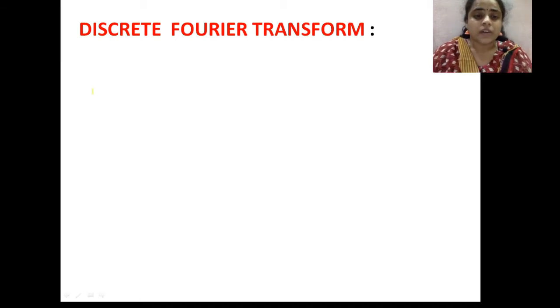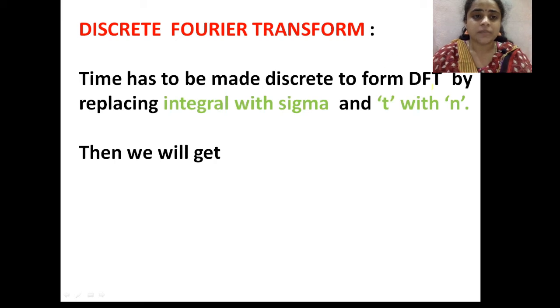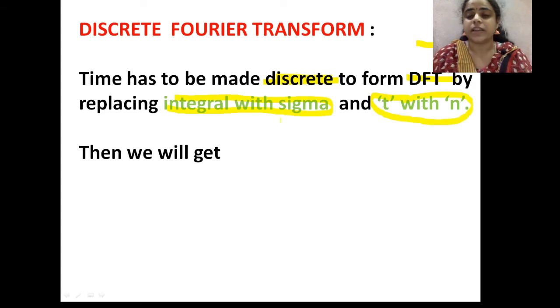What we have to do is make time discrete, to form the DFT by replacing the integral with sigma and small t with small n.